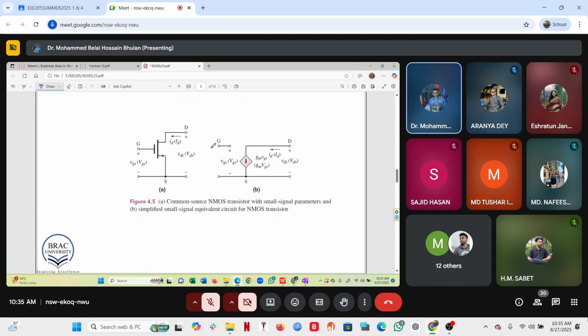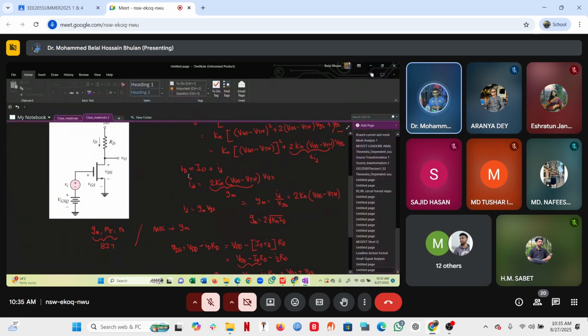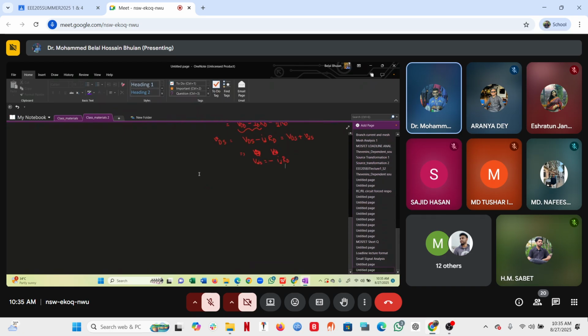So then what will be the equivalent circuit? The MOSFET small signal equivalent circuit.